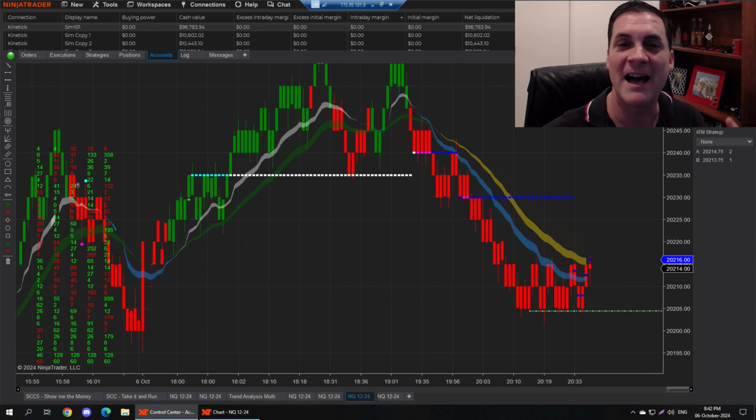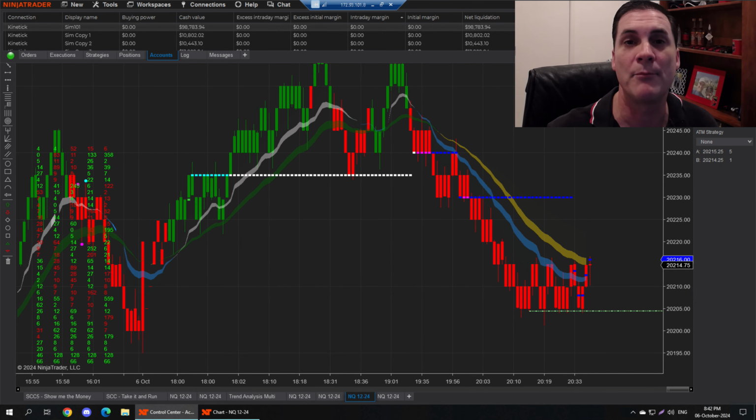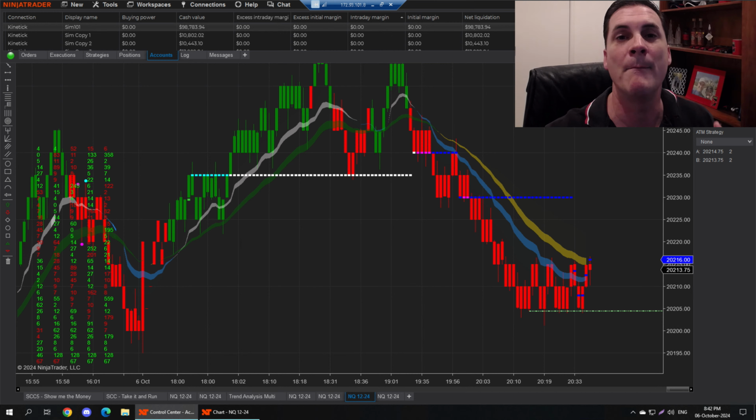So it's kind of on a plate there, right? It's kind of like a turnkey solution, where you're able to load up a template, add it to a chart, and let it trade. And remember, while a strategy is running, you still have the option to start it and pause it whenever you wish. And it becomes a managed strategy.